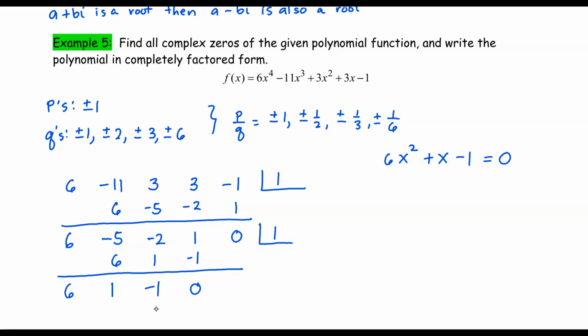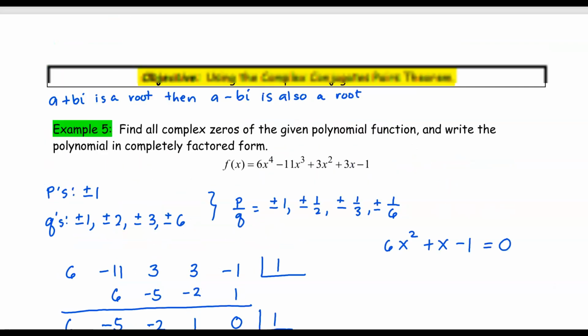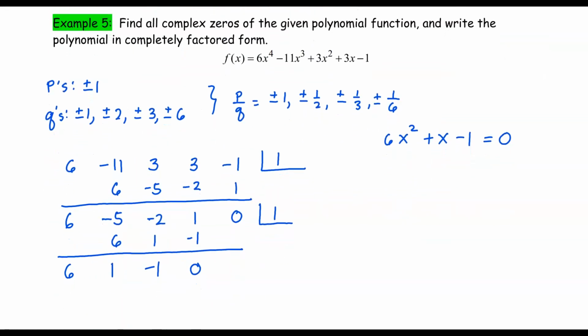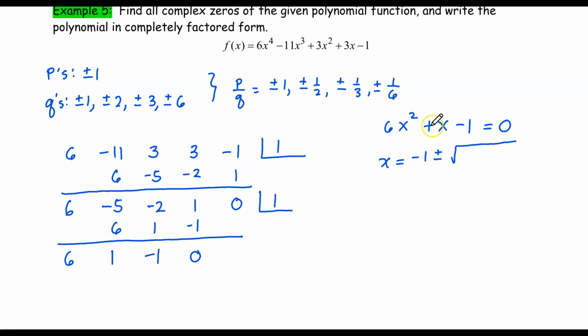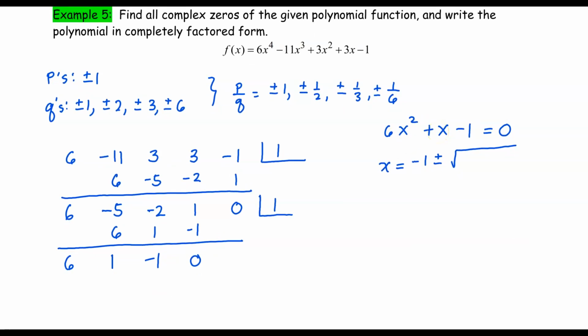To find the remaining zeros, we will use the quadratic formula. So x is equal to negative b, so negative 1, plus or minus the square root of b squared, so 1 squared, minus 4ac. a is 6 and c is negative 1, all over 2 times 6.